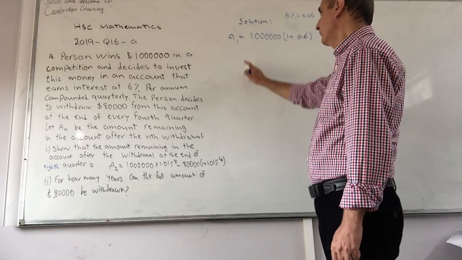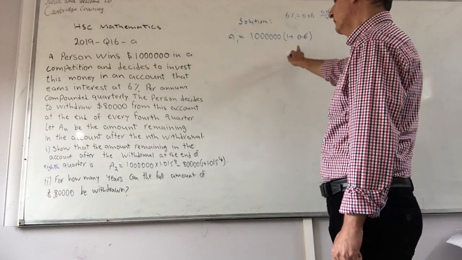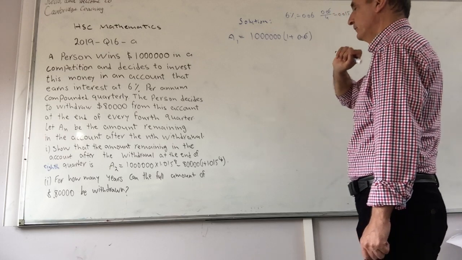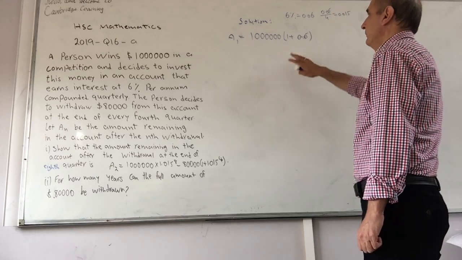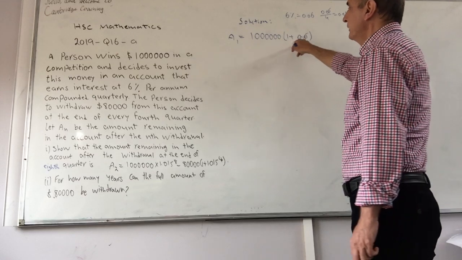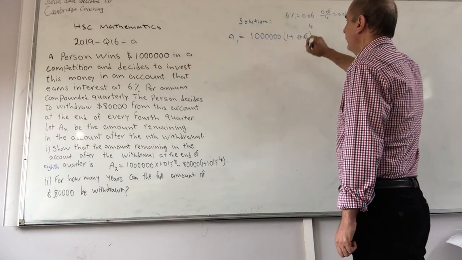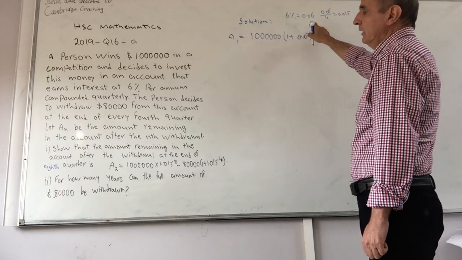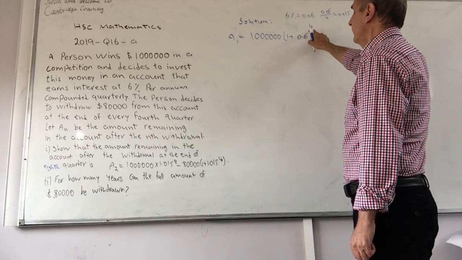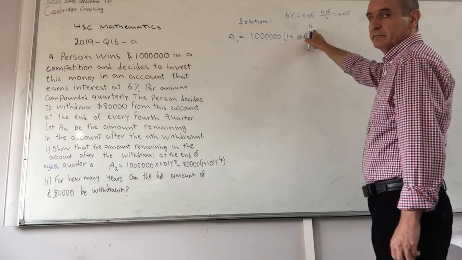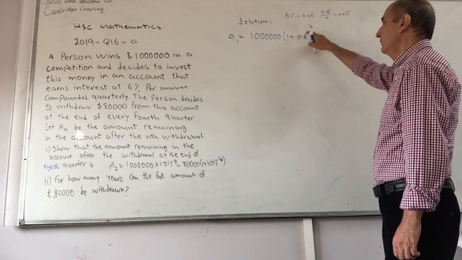So that is going to find the amount left after the first withdrawal. For this period, we should have a power of 4 because the number of quarters when the first withdrawal is done is 4.